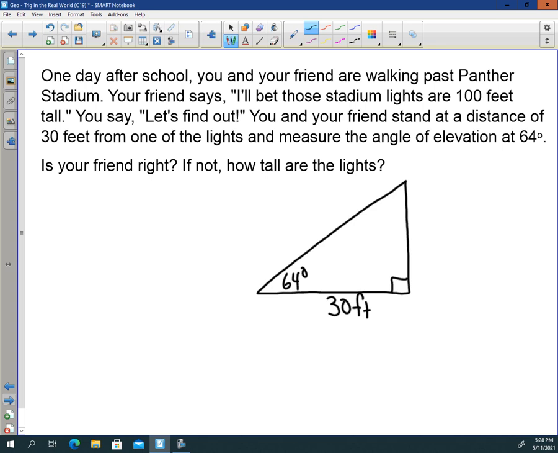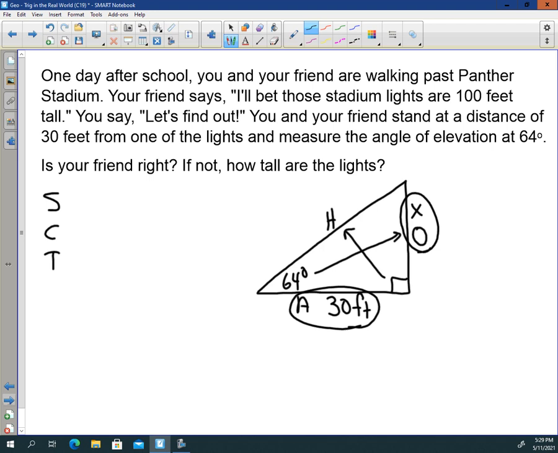So let's label our sides. Across from the 64 is the opposite. Across from the 90 is the hypotenuse. And that side is the adjacent, the one that's left. Oh wait, we have the adjacent, and we want the opposite because we're trying to figure out how tall the lights are. So we have sine, cosine, and tangent to choose from.